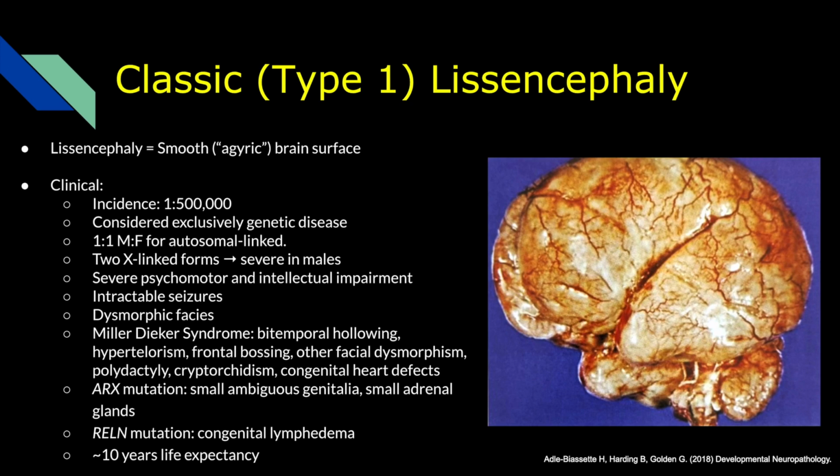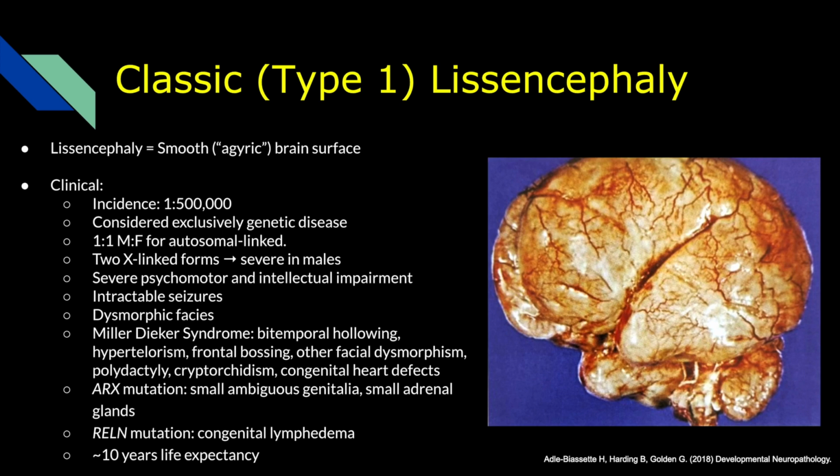So, we'll begin with classical type 1 lissencephaly. This is a pretty rare disorder. Lissencephaly is Greek for smooth brain.